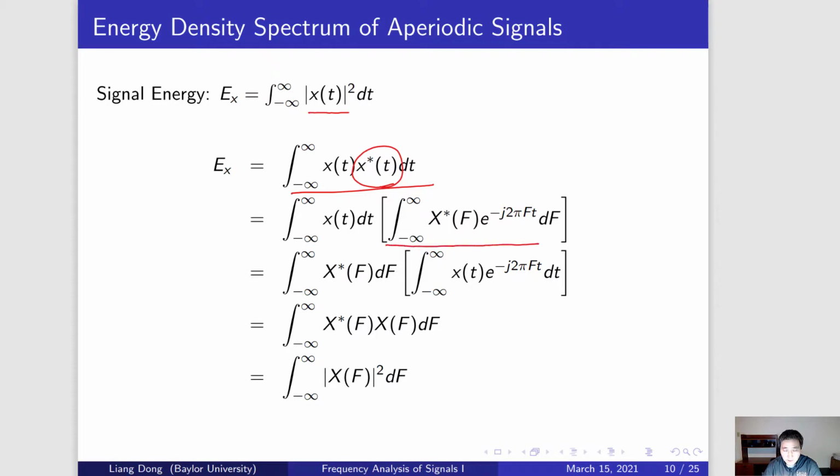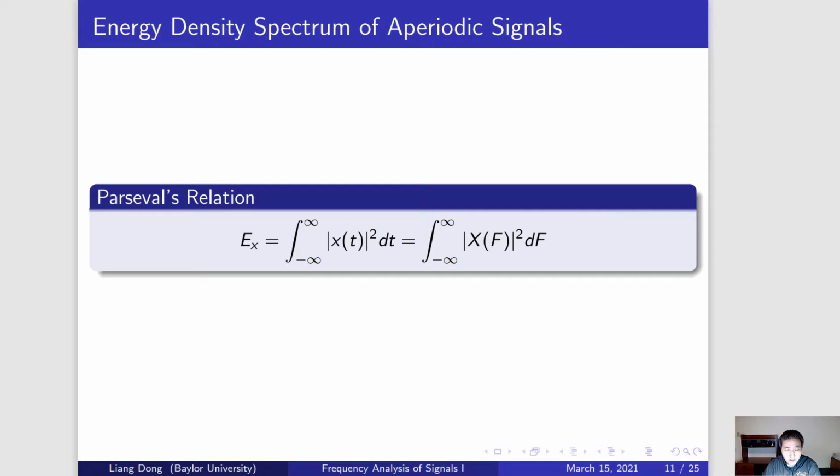And due to the linearity of integration, I can swap the order of integration. Therefore, the integration of dt first, and then the integration of df. So this part is my analysis equation, which gives me X(f). So we have, again, X(f) conjugate times X(f), integration df. Therefore, I got the final answer for the signal energy, which is the integration of |X(f)|² df.